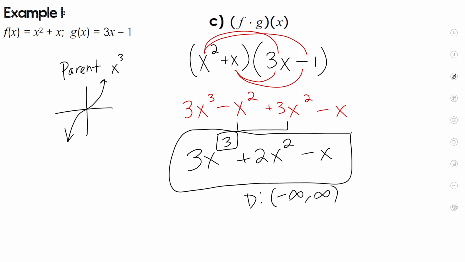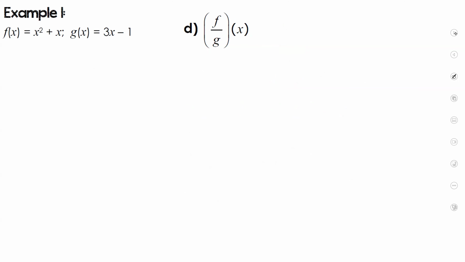Now, this is where it's going to get a little bit tricky whenever we do division. So let's set up the division. We'll have x squared plus x in the numerator and 3x minus 1 in the denominator. We're dividing these two.